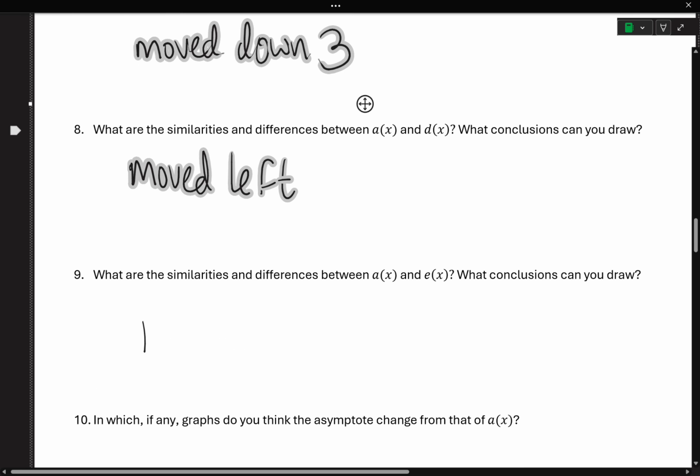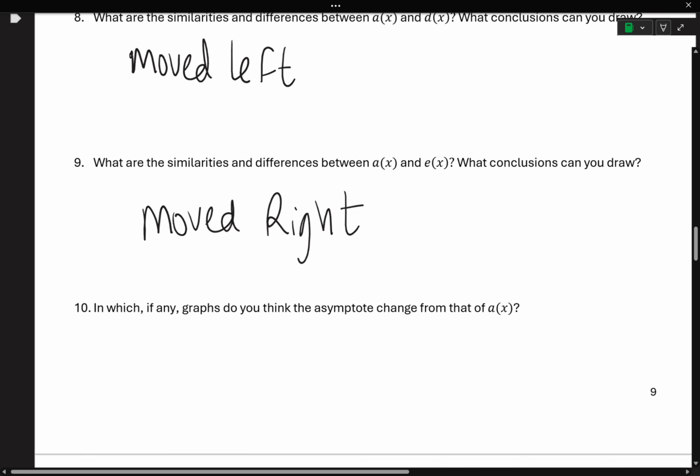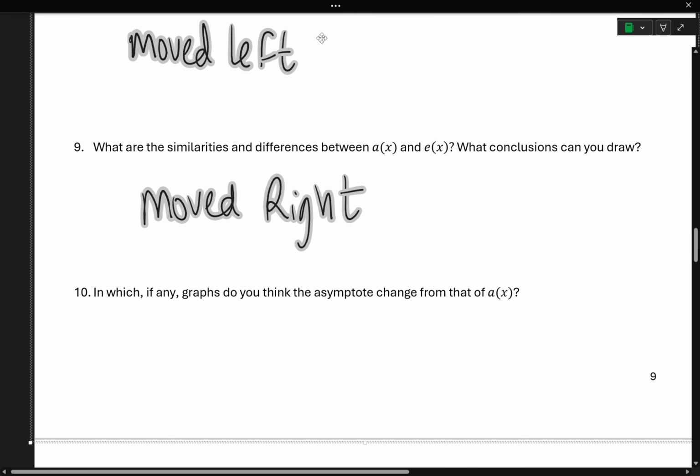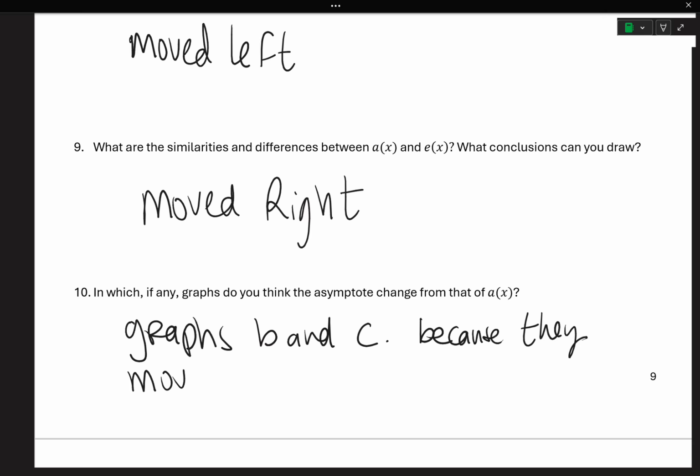And then we moved right. Asymptotes change in graphs B and C because they moved up and down.